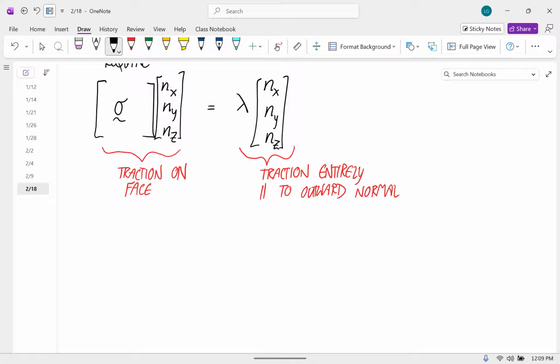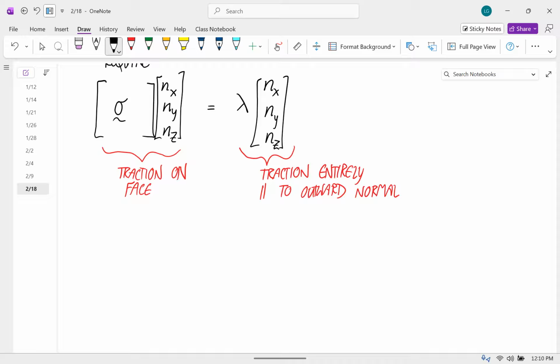But for this special kind of thing, you calculate the traction for a face, and the traction that you get is just straight out of the face. It's parallel to that outward facing normal. So that's what we're requiring. In general, that's not the way it works. But when you get to a face corresponding to a principal coordinate system, this is what happens. So we're just trying to identify those.